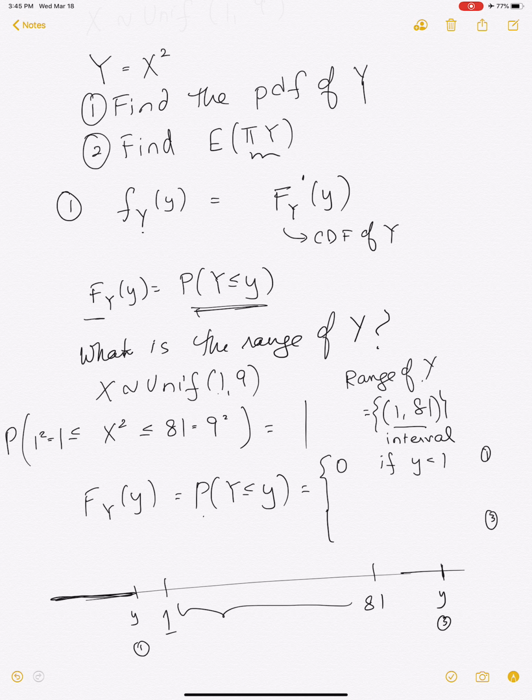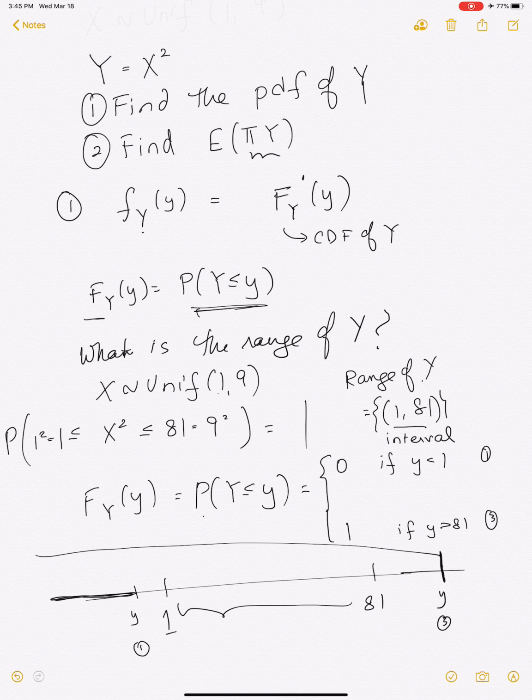What's the probability Y is less than this? Well, Y less than any number bigger than 81 is going to be 1, because it's always between 1 and 81. So if y is bigger than 81, the probability that capital Y is less than or equal to y is 1.